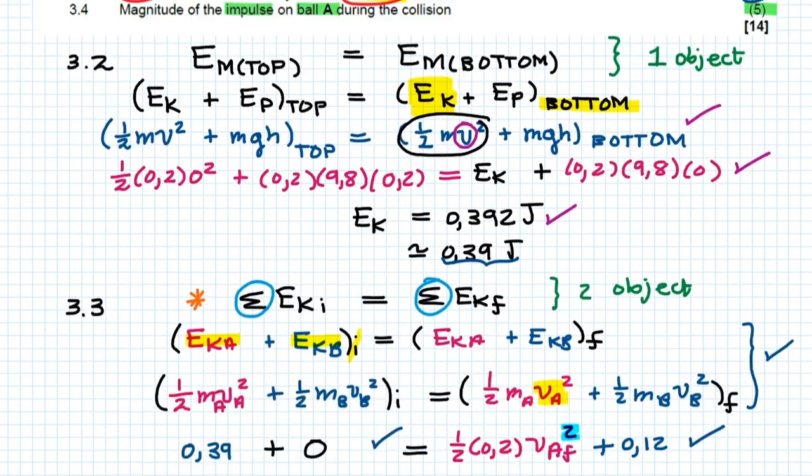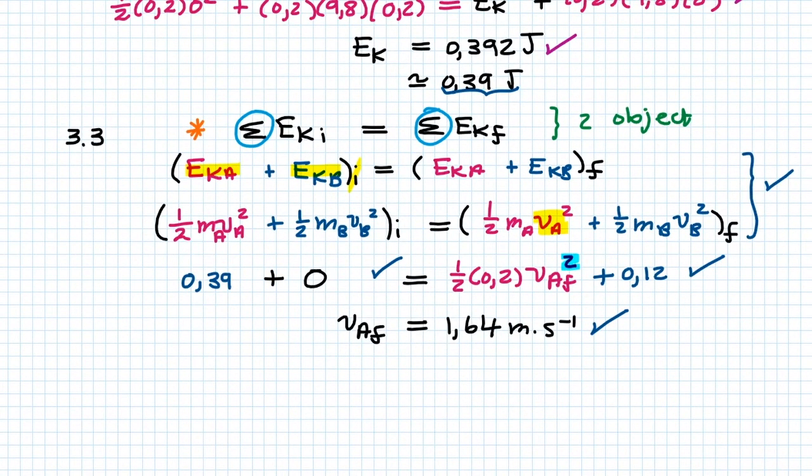Now we know that to calculate impulse, this is question 3.4, we can say that the impulse is equal to the net force multiplied by the change in time. But we unfortunately don't know what net force is being applied, and we don't know for how long this net force is being applied. So we have a bit of a problem.